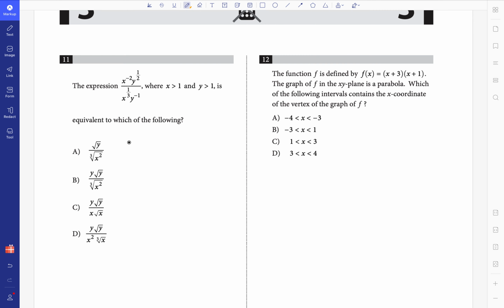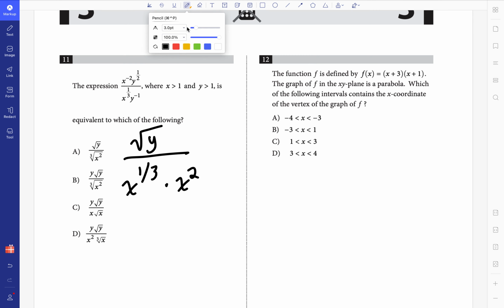Okay, so this is going to be square root of y on top over x to the 1/3 times x squared, because here, let me bring up this exponent rule. Let's choose blue as my rule book. So if I have x to the -2, that's the same as 1 over x squared.